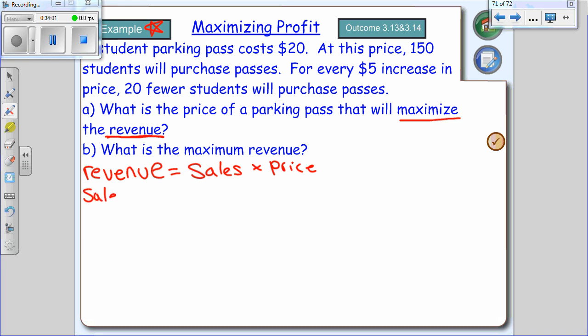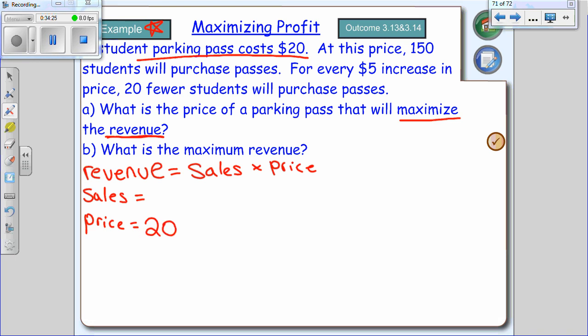What's my price of a parking pass? My price is $20, right? It said it right here. Parking pass costs $20. That's what it used to cost. What am I going to do to that price? I'm going to increase it by $5. It says for every $5 increase.